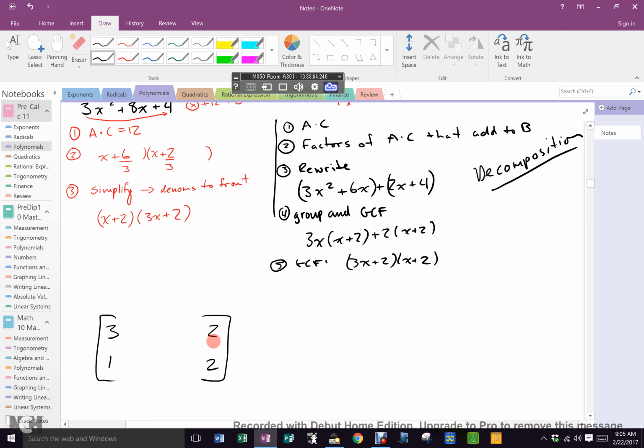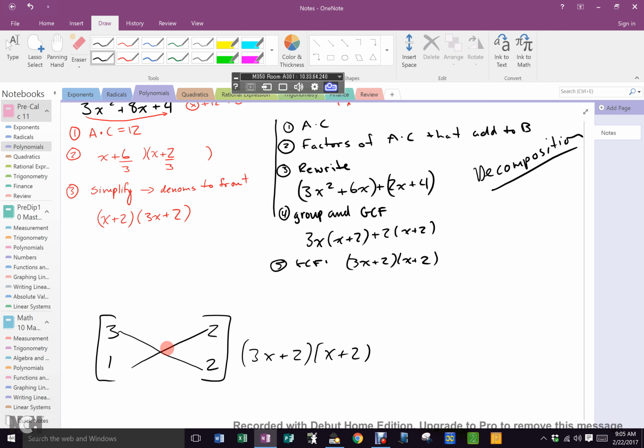And then, like, I don't even know how to do it. Then you go across. So it's 3x plus 2 and x plus 2, because you go across. That was last year. So yeah, I don't know exactly how it works.